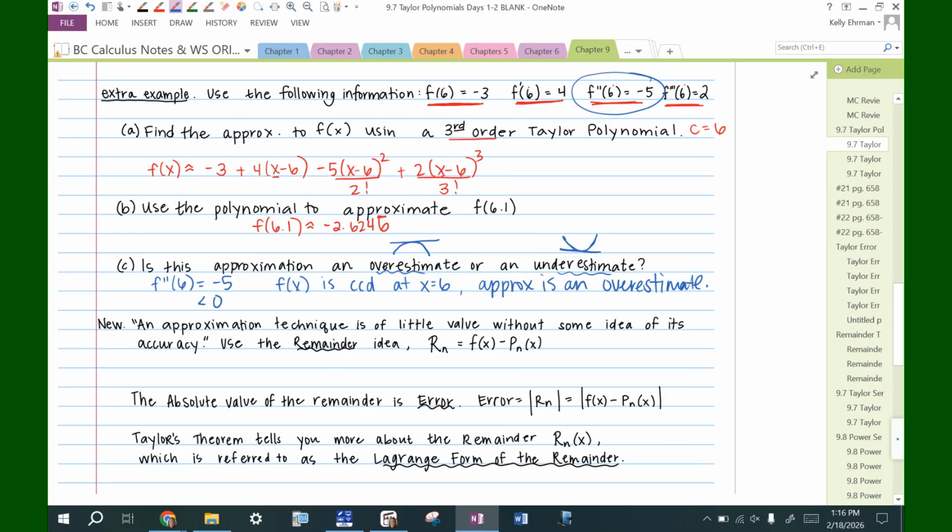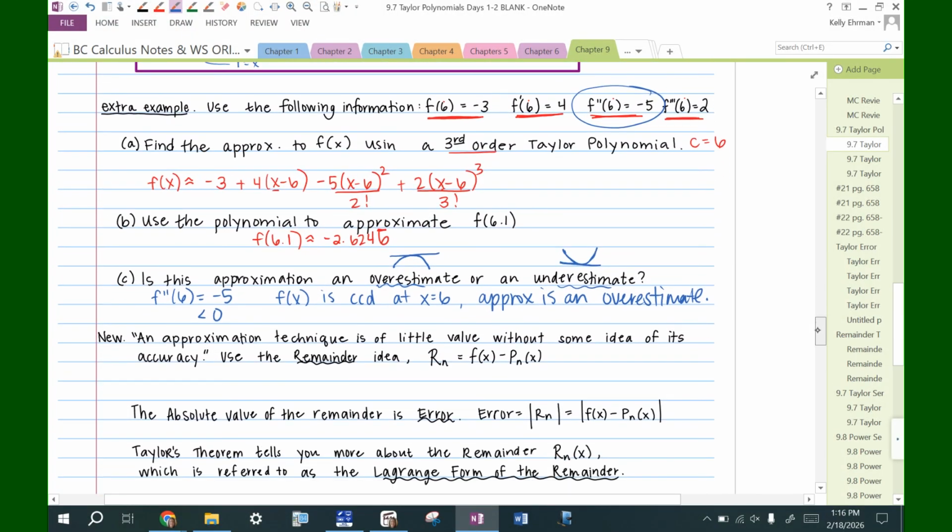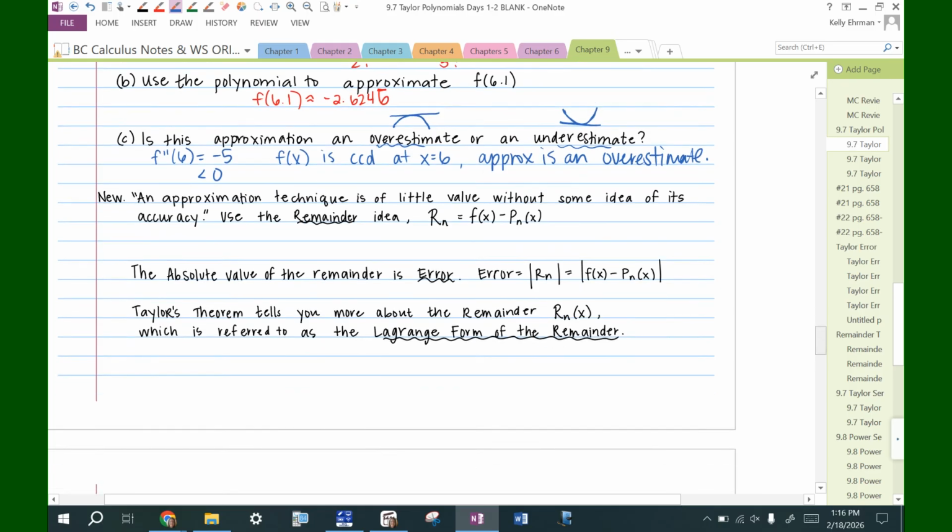All right, are we okay about that? All right. So we just plugged in a number and made an approximation, and that brings us back to error, just like we talked about with alternating series error. There is a little more to do with these because we don't always have something that's alternating. So we can't always just say, the first neglected term is the max error. So there's this new remainder that we're going to look at, but it kind of starts off with the same setup.